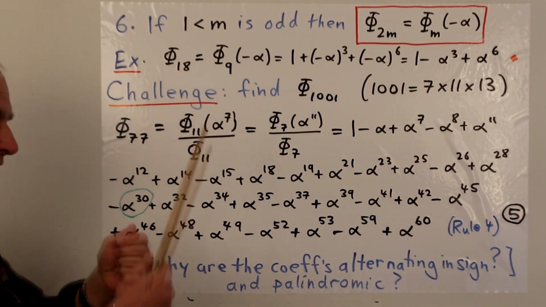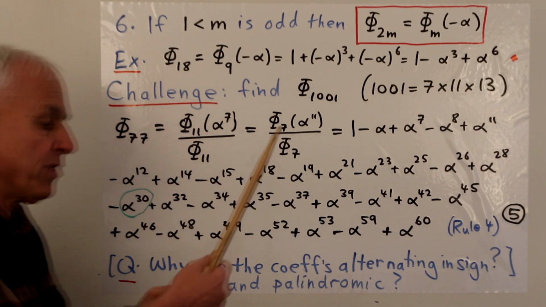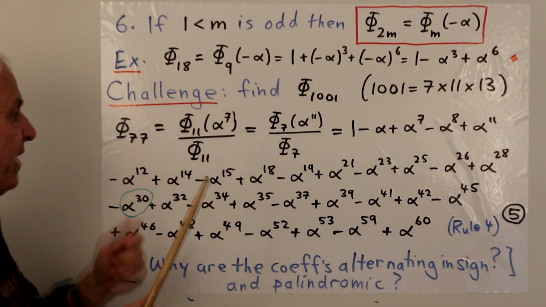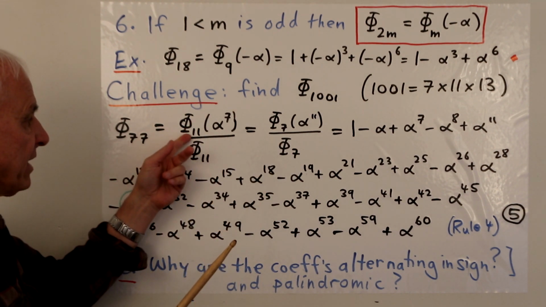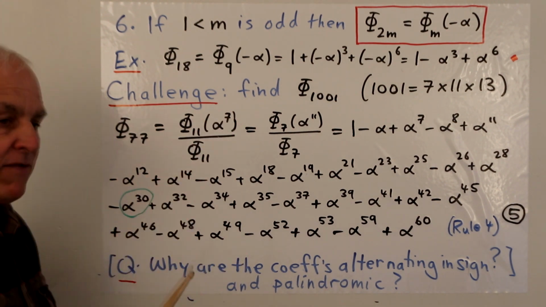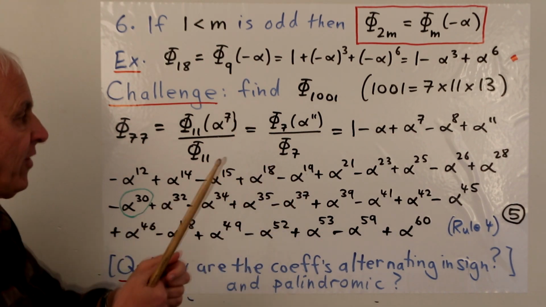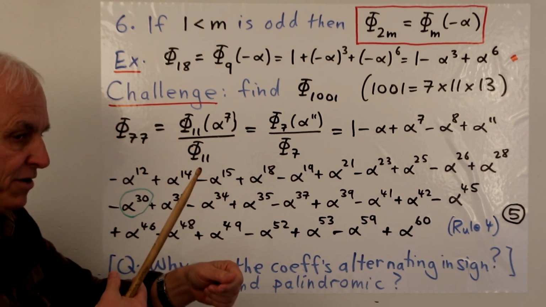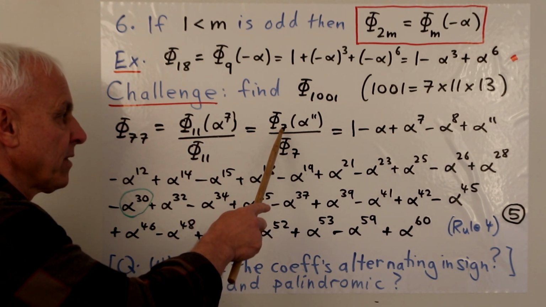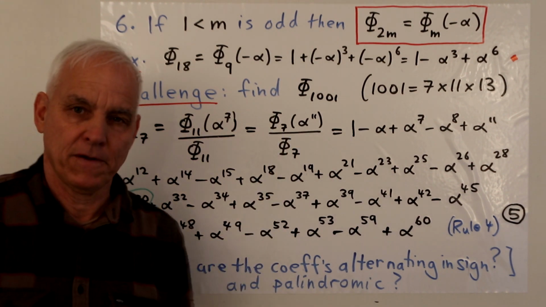Well, if we think of that as 11 times 7, and maybe we think of the 7 as being the prime, so it's 7 times 11, then the formula would be that it's phi sub 11 of alpha to the 7 over phi sub 11. On the other hand, if we interchange the roles and think of it as 11 times 7, 11 is now the prime, then it's phi sub 7 evaluated at alpha to the 11 divided by phi sub 7.